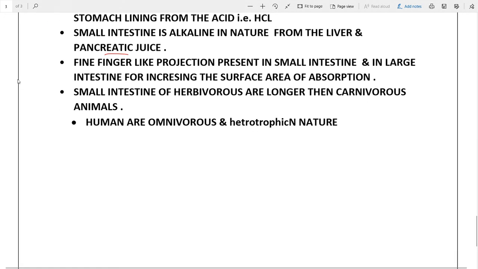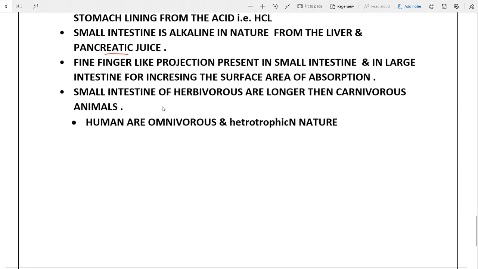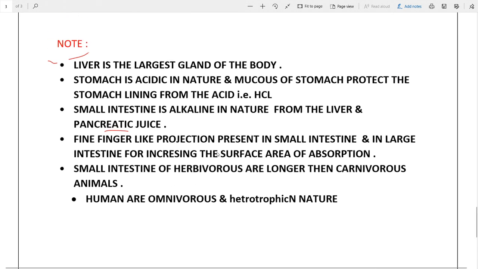Then fine finger-like projections are present in the small intestine, and in the large intestine also there are finger-like projections, but fewer. These finger-like projections are known as villi, and they facilitate the absorption process. One more thing is there, the length of the small intestine basically depends on the feeding habit of the organism.